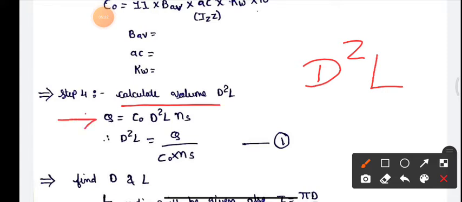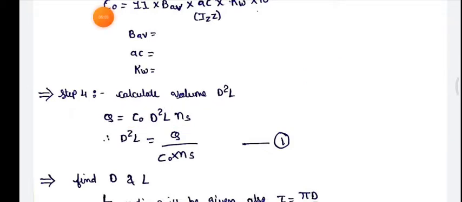We have an equation Q is equal to C0 d square L Ns that we had derived yesterday. From that, we have the value of Q, that is the kVA rating, C0, that is the output coefficient, and we have the value of Ns also.